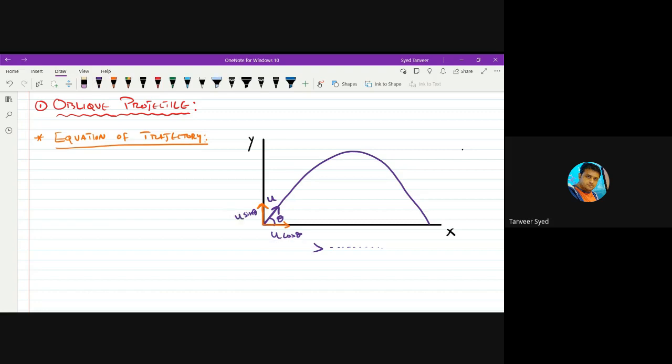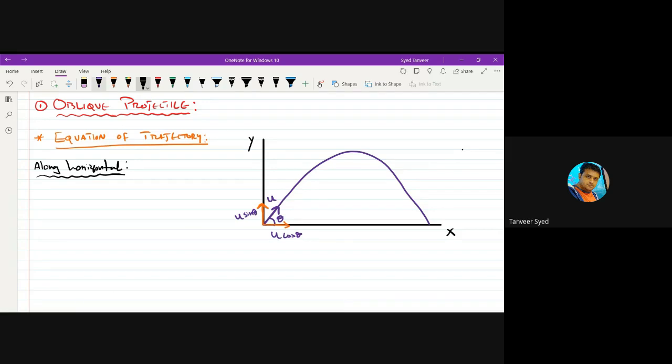Now, first of all, let us try to understand what happens to u cos theta with time, or along horizontal direction. So first try to understand the path or the motion of this projectile along horizontal direction.